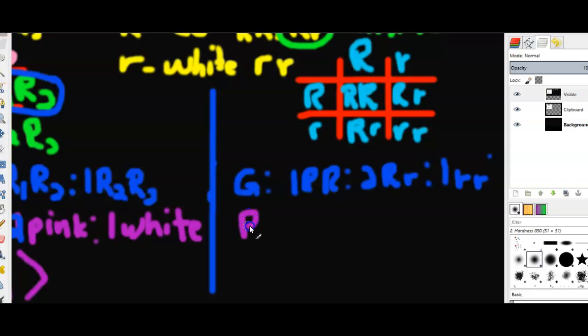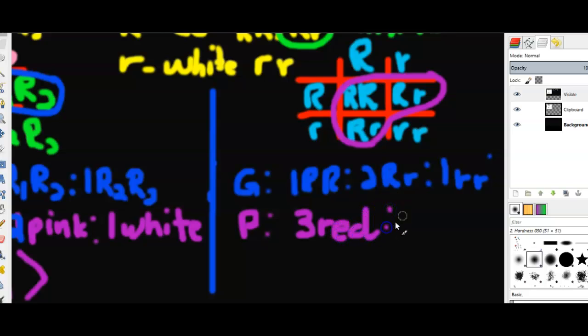Phenotypic ratios, and make sure you know the differences between these. These 3 are going to be the same. So you're going to have 3 red, 1 white, no pink.